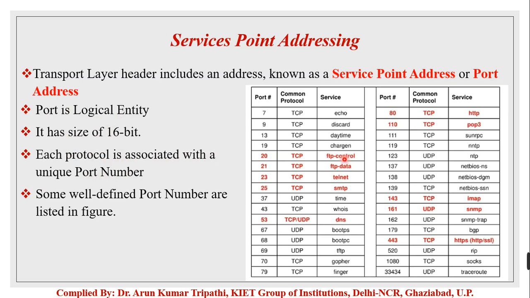For example, in TCP, port numbers 20 and 21 are attached with FTP, 23 with telnet, 25 with SMTP, 53 with DNS, 80 with HTTP, and so on. So these are some of the well-known ports that are used by the services.